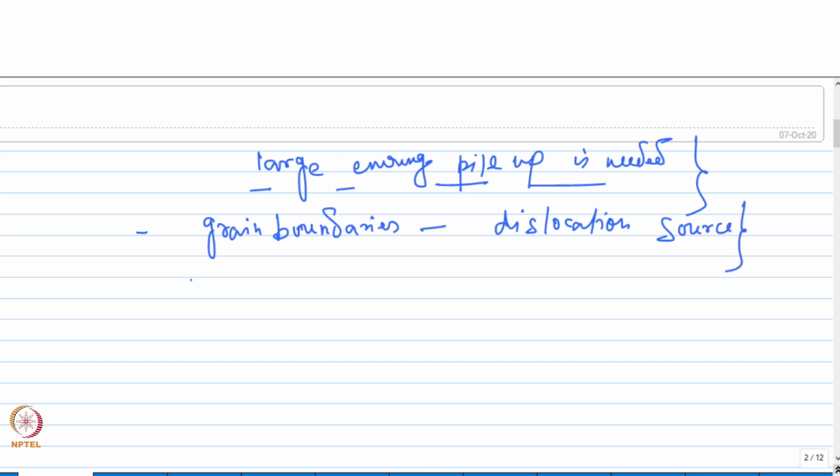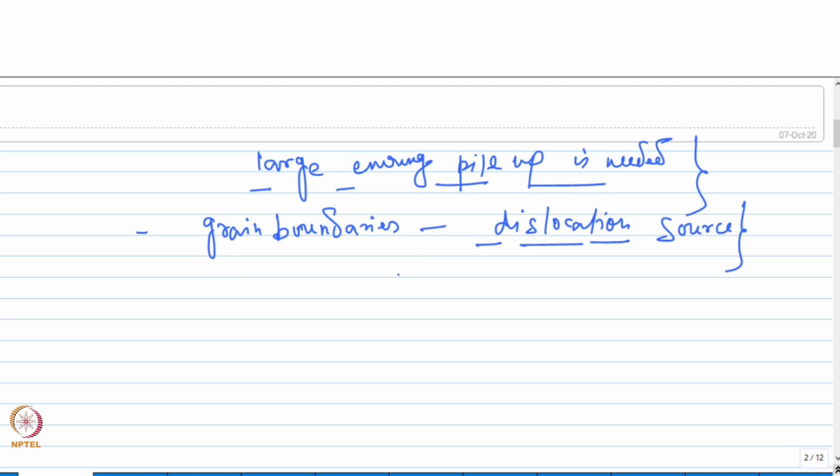So the grain boundaries are not only sink for dislocations, but they can also be sources for dislocation, right? So that is something which is not considered in the pile-up theory. It only considers grain boundaries as the obstacle or sink.